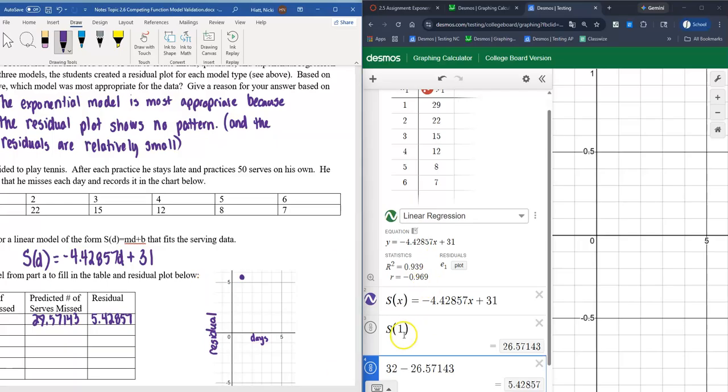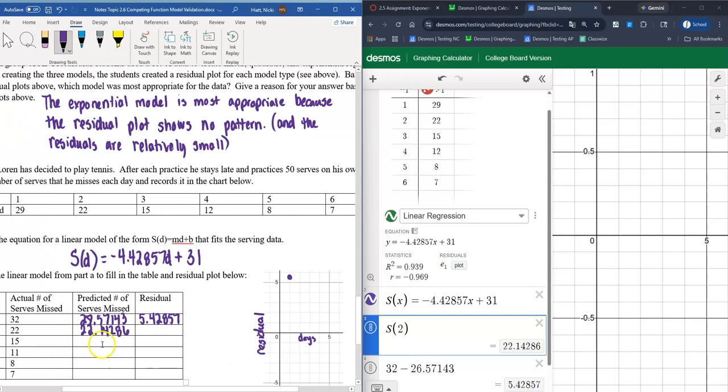So then I would go to the next one. I would do S of 2. And then S of 2 is 22.14286. Alright, and then I just have to take my actual minus the predicted. That one's going to be small.